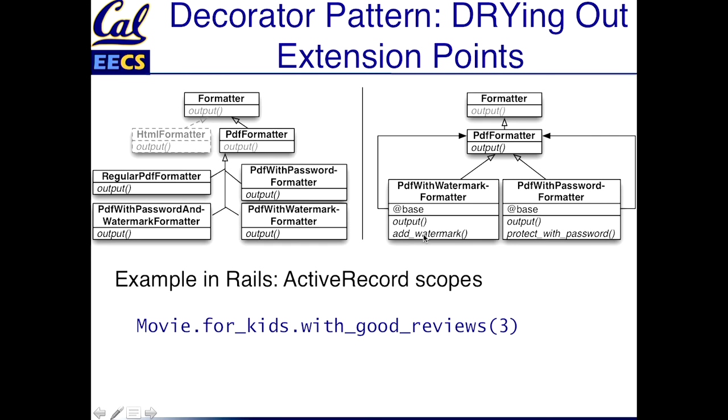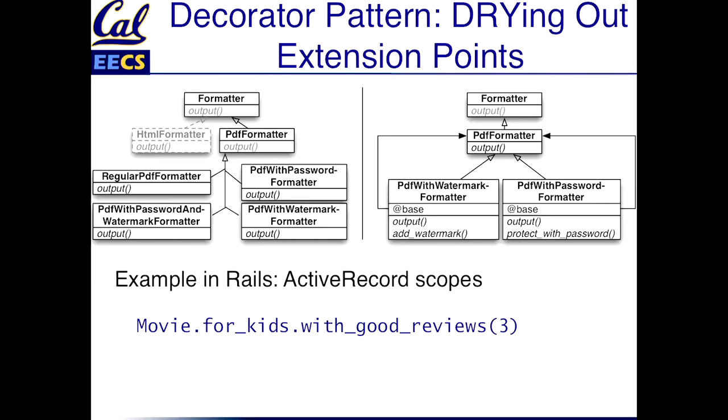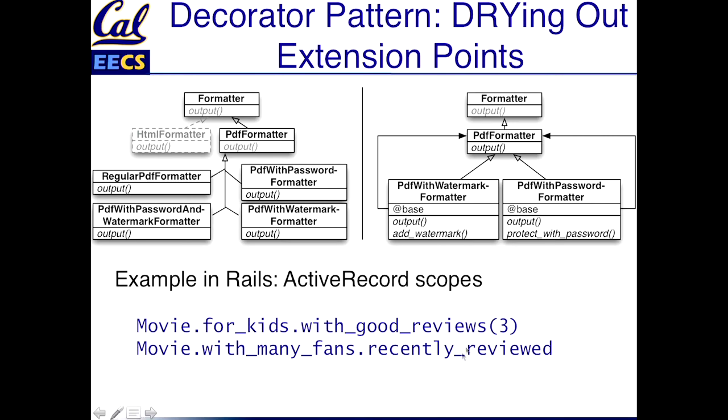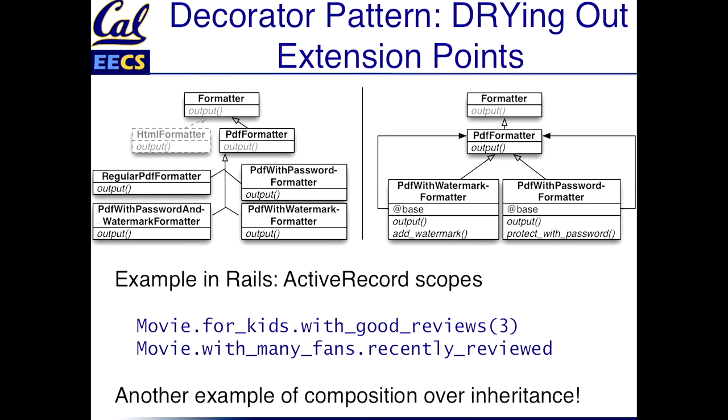It adds a watermark on top of the output, right? So these are cases where the subclasses are selectively adding on behaviors, and you can actually combine multiple subclasses, kind of like we did with Active Record scopes down here, but you do it in a way that avoids this explosion problem. So yet another example of composition over inheritance.